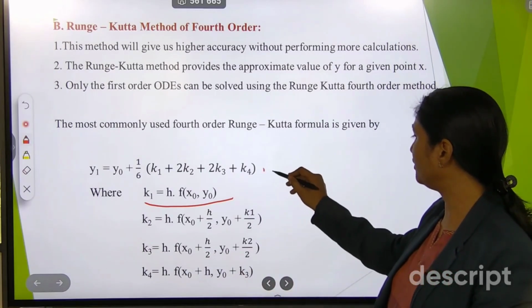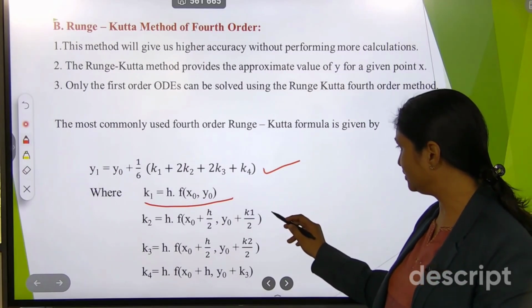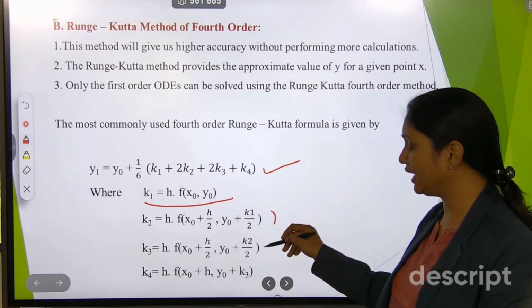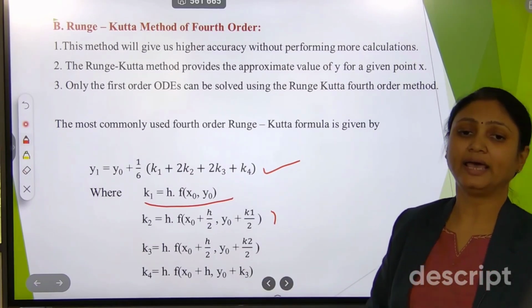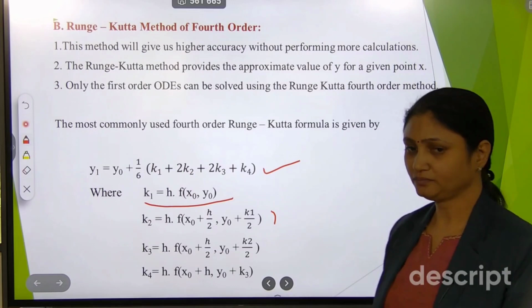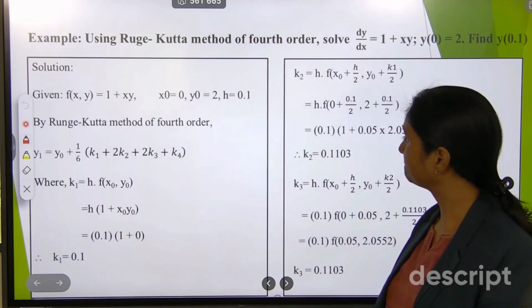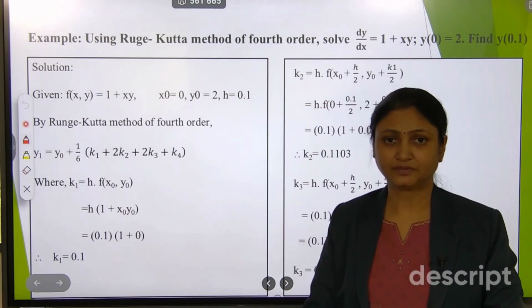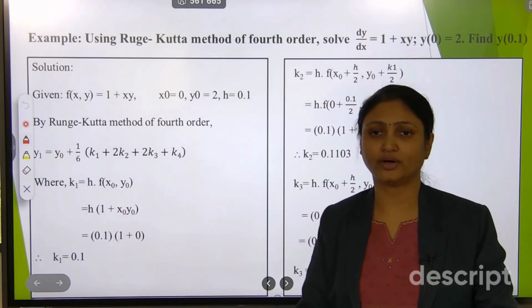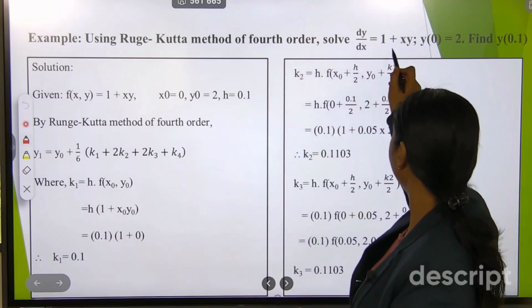So this is the formula for Runge Kutta method of fourth order, and these are the values of k1, k2, k3 and k4 we have to calculate while solving the example. So let us take one example. Using Runge Kutta method of fourth order, solve dy by dx is equal to 1 plus xy.